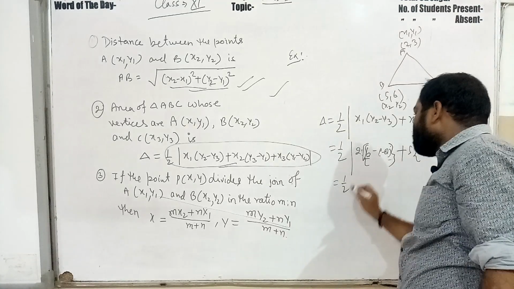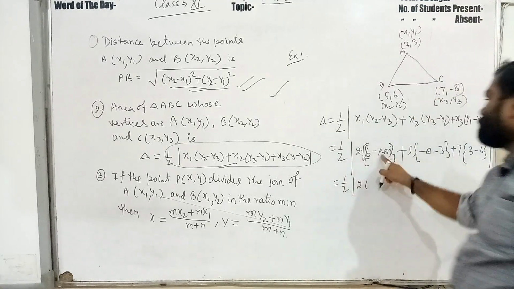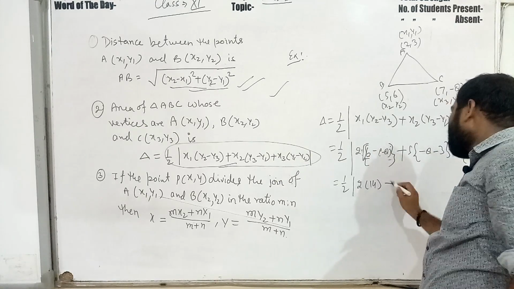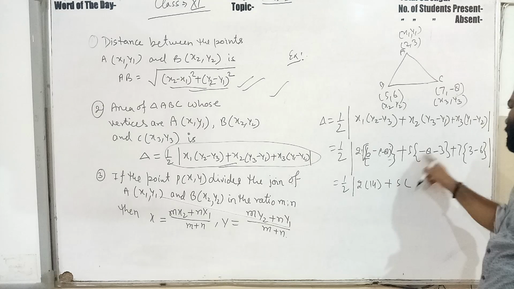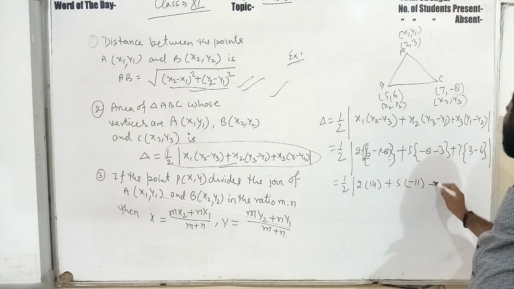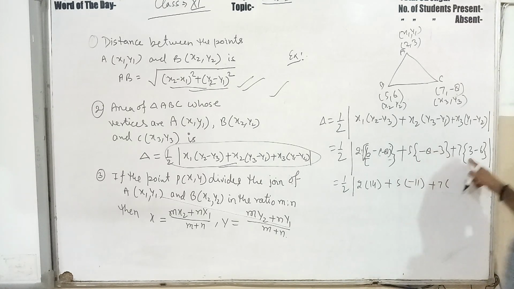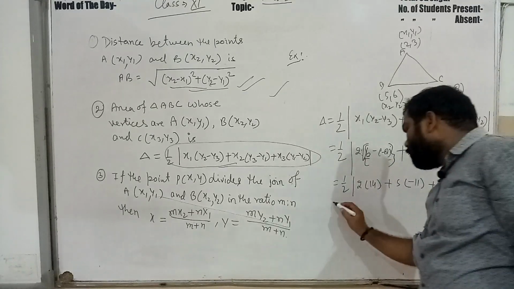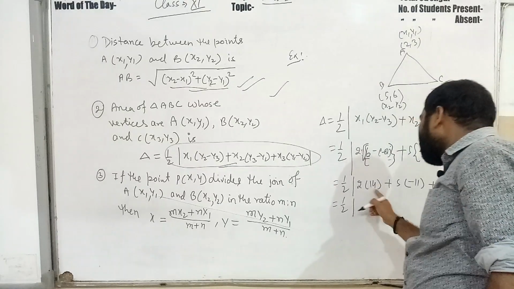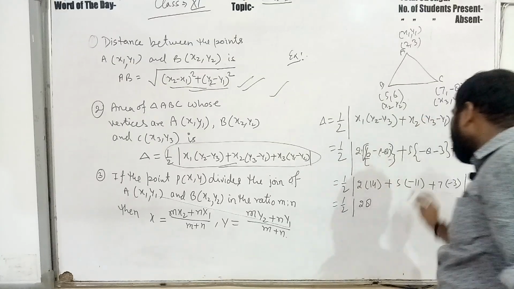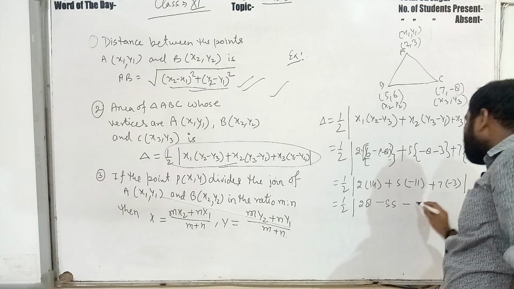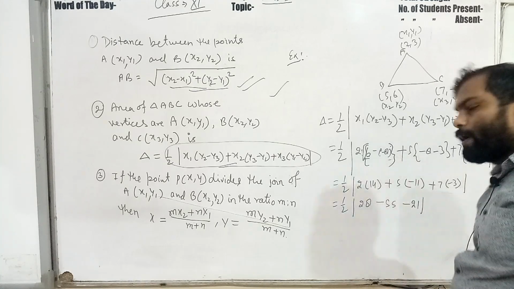So if we solve this, 2 times minus and minus plus 6 and 8 is 14, plus 5 times of minus 3 and minus 8 is minus 11, then 7 times of 3 and minus 6 is minus 3. So half of 14 into 2 is 28 minus 5 into 11 is 55 and plus minus minus, this becomes 21.